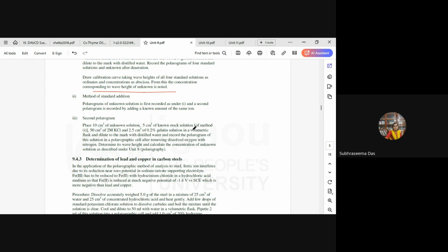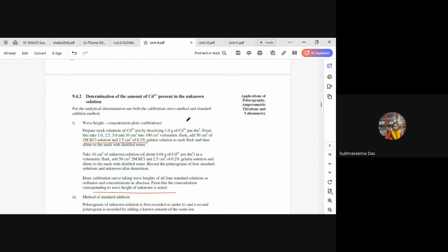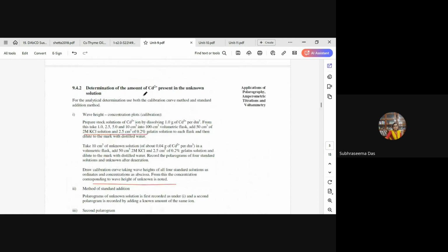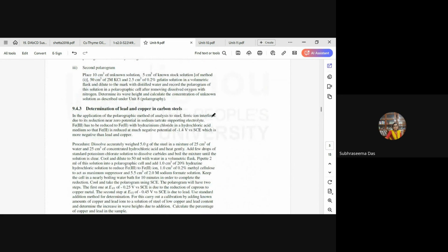After that, from the plot we will determine the wave height and the concentration of the unknown solution. So these are the two processes: one is the calibration curve method, and the second is the standard addition method, by which we can determine the amount of cadmium that is present in an unknown solution.